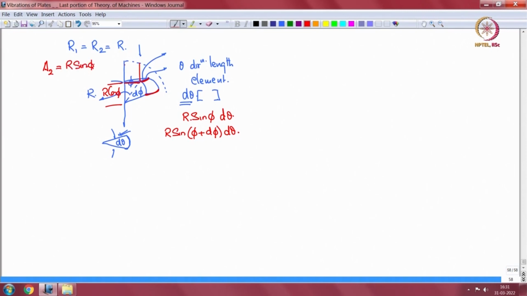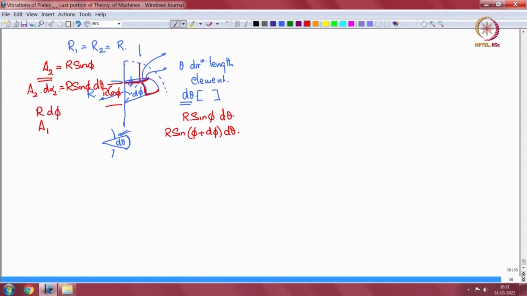A2 converts d alpha 2 into a length. So this is r sin phi d theta, whereas this length is simply r times d phi.